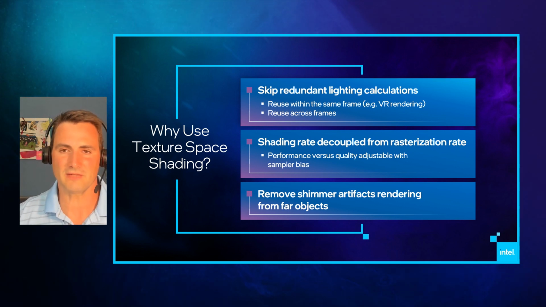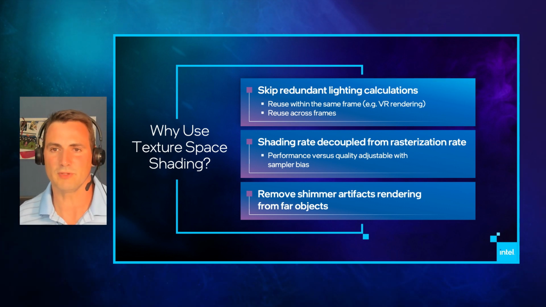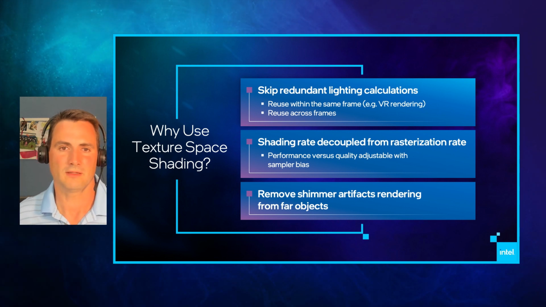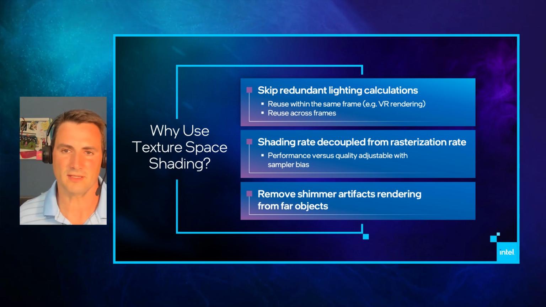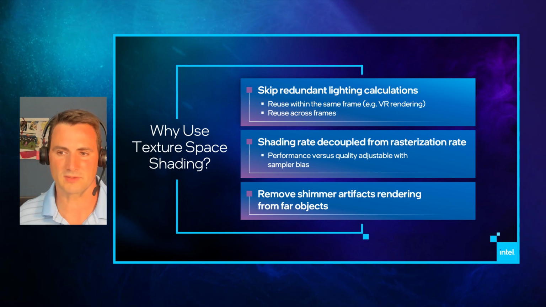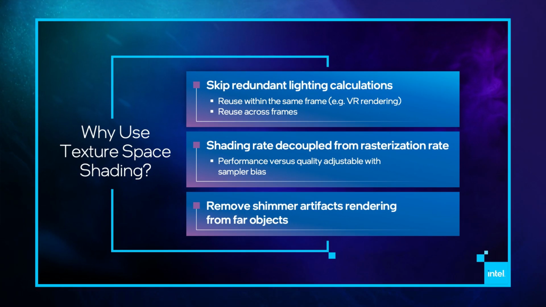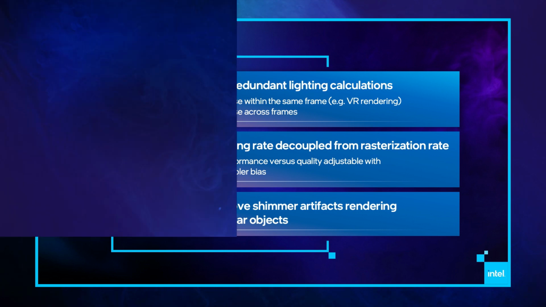When we sample from the higher level MIP in the MIP chain, this will encourage us to shade fewer texels in texture space and thus increase performance. Another advantage to texture space shading, referenced from the Microsoft spec, is that it can remove shimmery artifacts from faraway objects.